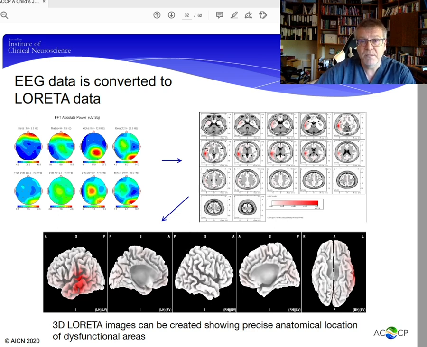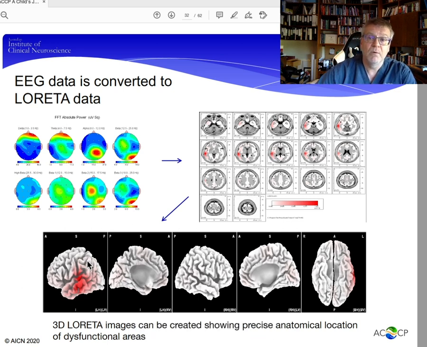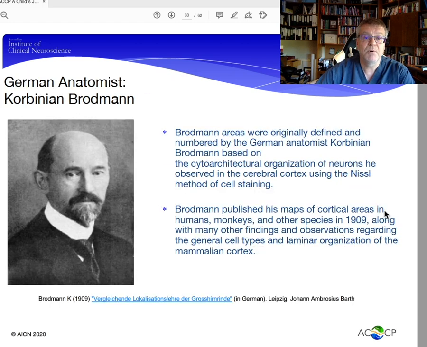And then from this, we can translate that into a three-dimensional brain image. This is very important because we can now use the dysfunctional areas associated with Brodmann areas. Brodmann areas are areas of the brain that were basically defined by the German anatomist Korbinian Brodmann.